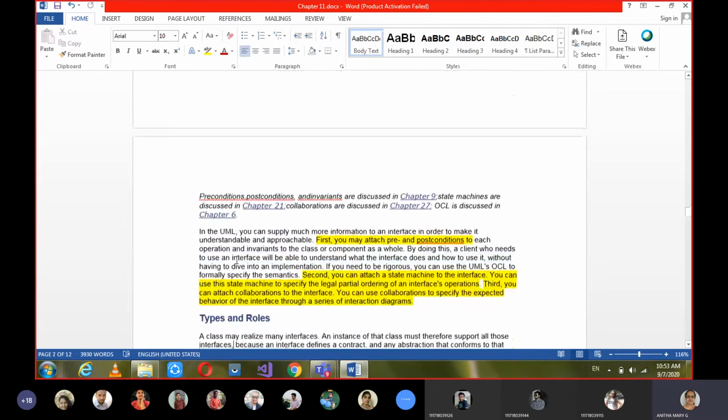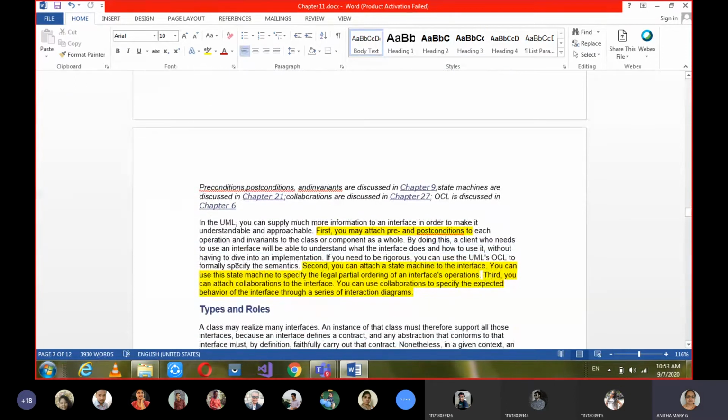In UML we can specify more information on an interface to make it understandable and approachable. How can we make it approachable? The first one: we can attach pre- and post-conditions to each operation, with respect to a class or a component as a whole.